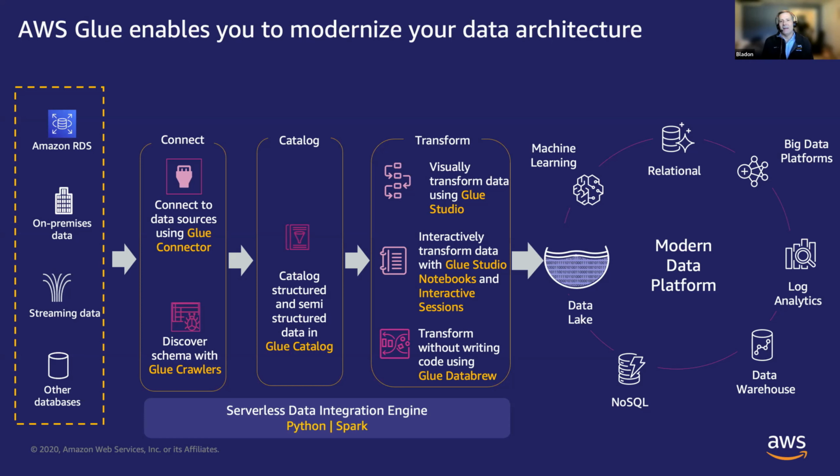You can use the Glue connectors to connect those data sets really easily, and land that data into your S3 landing zone. Once the data is in the landing zone, you can use crawlers to discover the complex schemas in that data, and then catalog those assets in the centralized Glue data catalog.